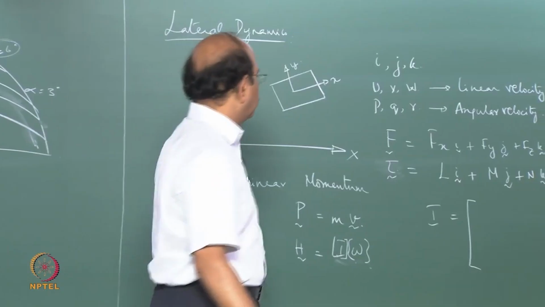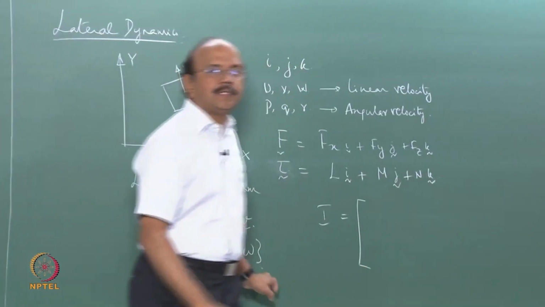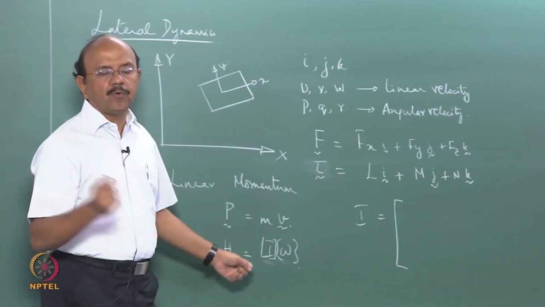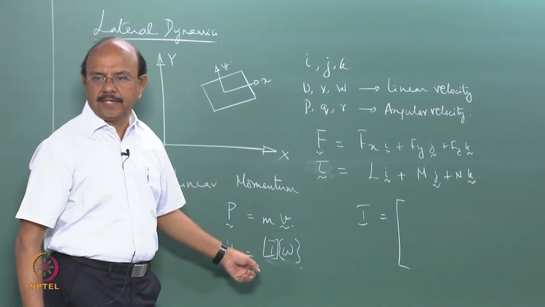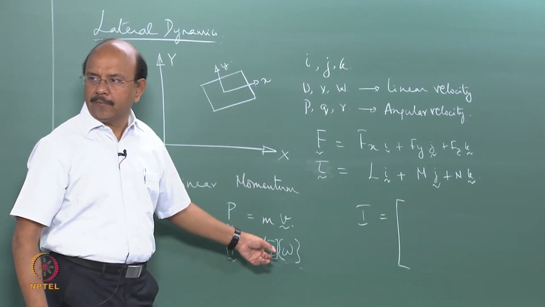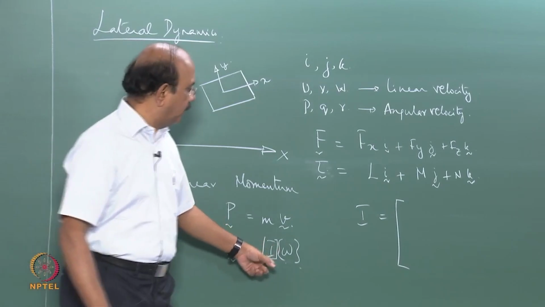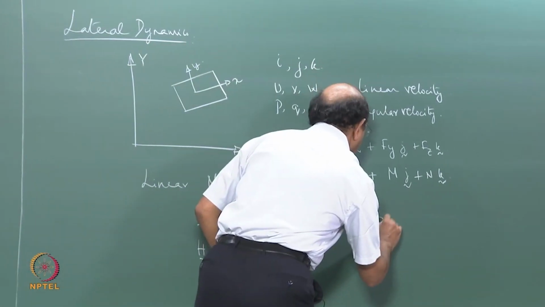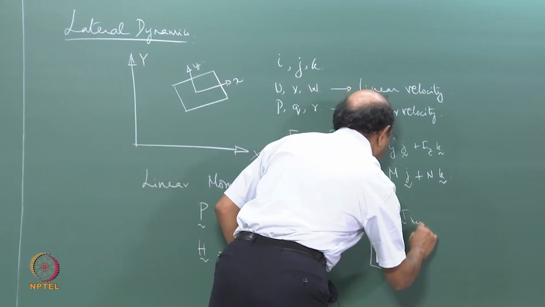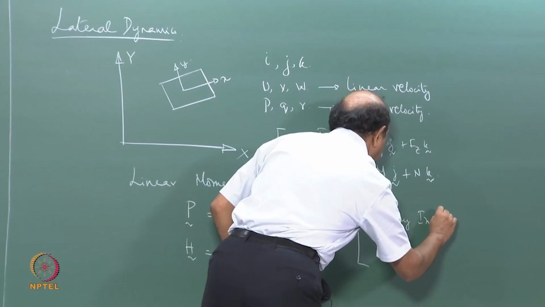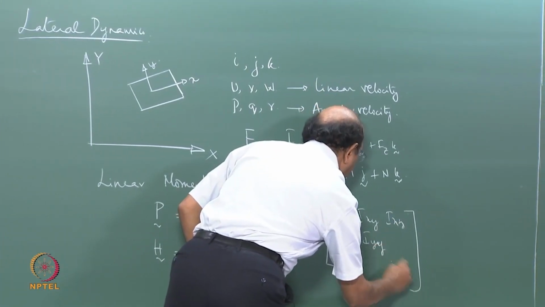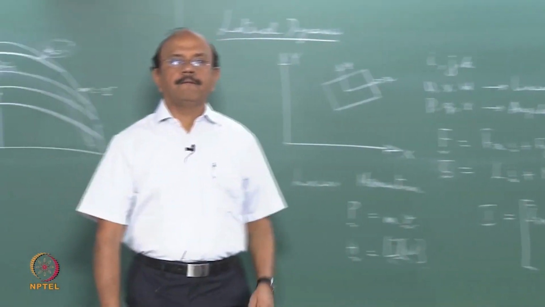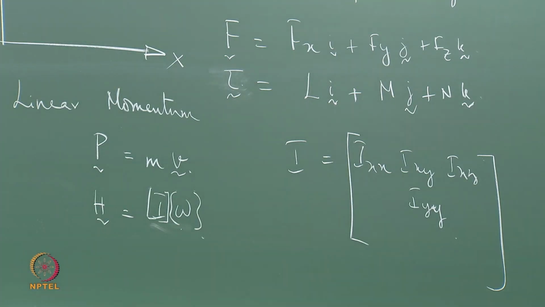Okay? You would have studied this as one single quantity along xx and so on. Now we are just extending this to 3D. So I'm writing this as a matrix, and so Ixx. So this is Ixx, Ixy, Ixz, Iyy, and so on. Right?